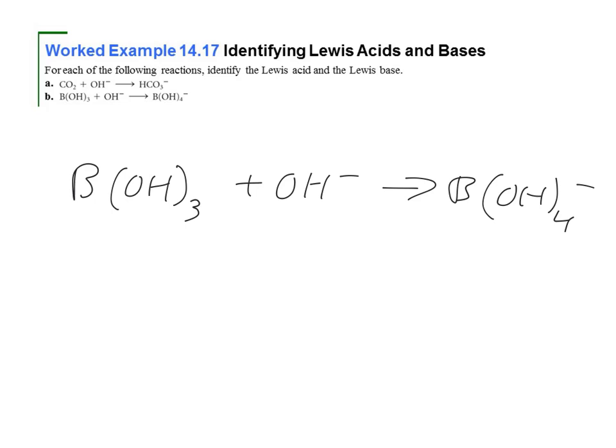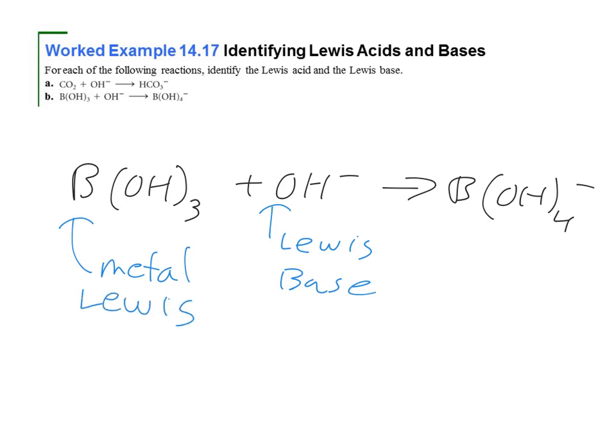Once again, we see an anion, so that's going to be our Lewis base because it'll have extra electrons to give. This is actually more helpful. Boron's a metal. And when you have a compound with a metal like that, that's generally a big clue that it's going to be a Lewis acid. So because you see that metal, it's likely to be your Lewis acid. If you have an anion, that's going to be your Lewis base.